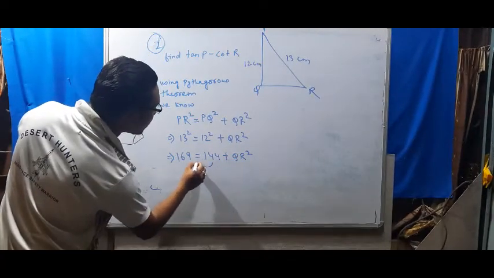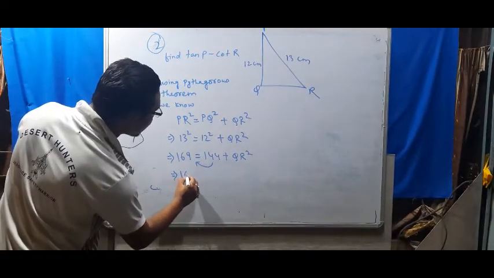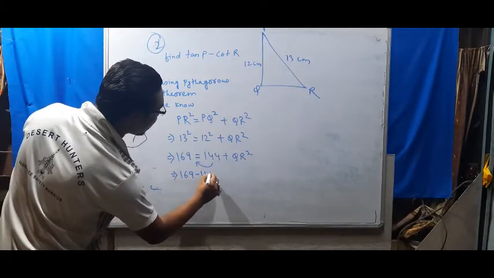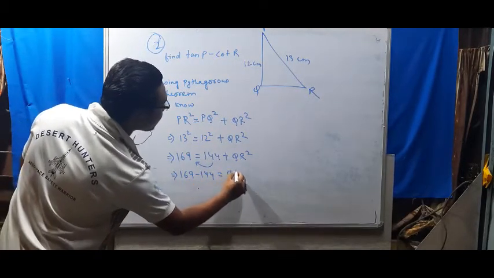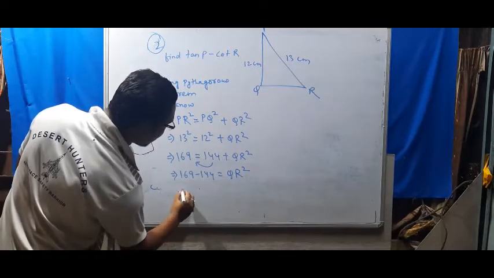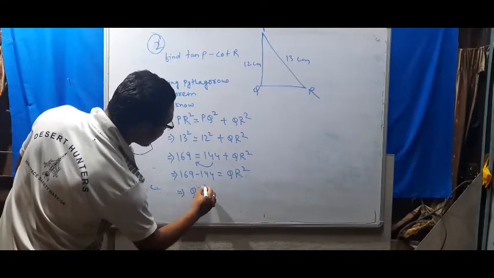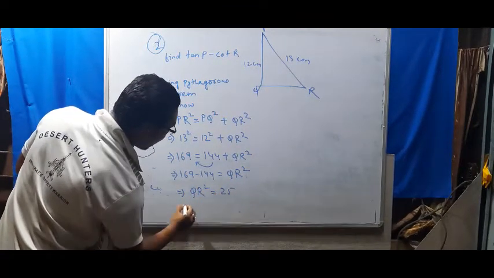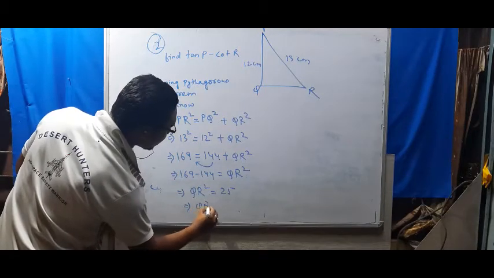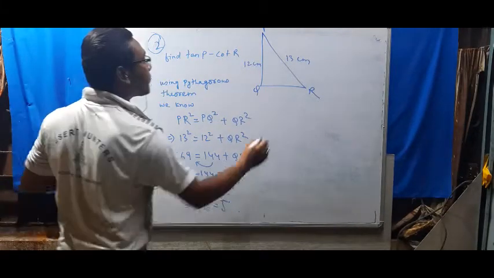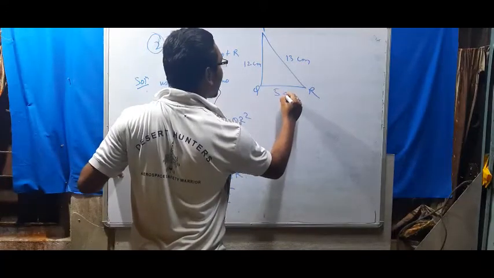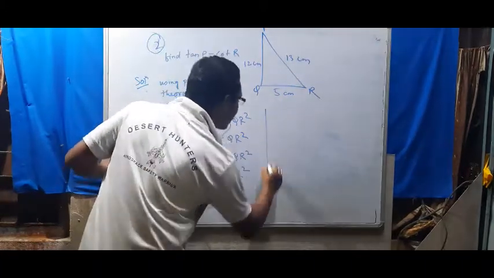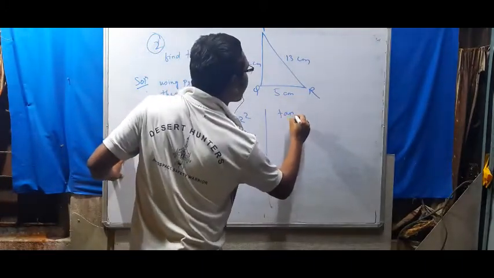So 144 comes here, it becomes minus. 169 minus 144 is equal to QR square. So QR square becomes 25 and QR becomes 5 centimeter.